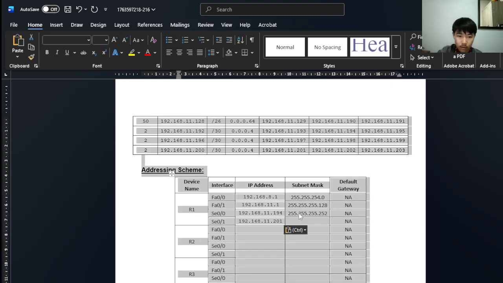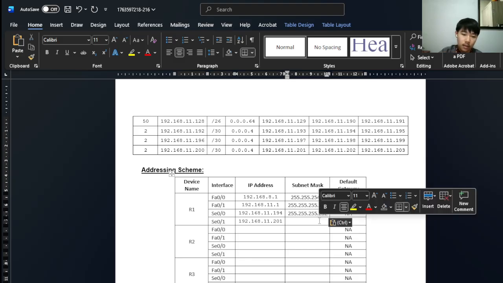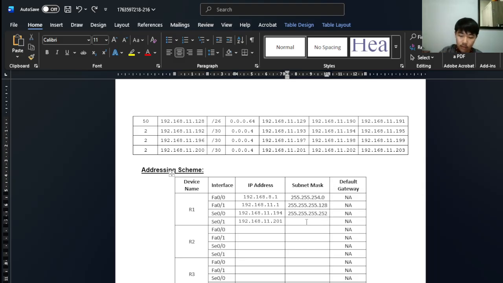Of course, its subnet mask is the same as this one because it's also CIDR /30.